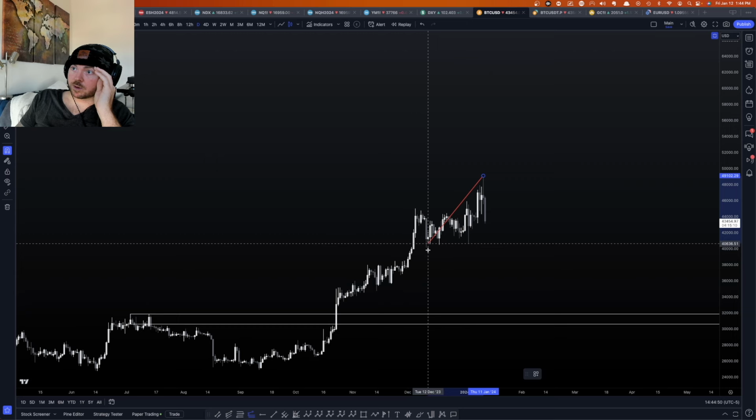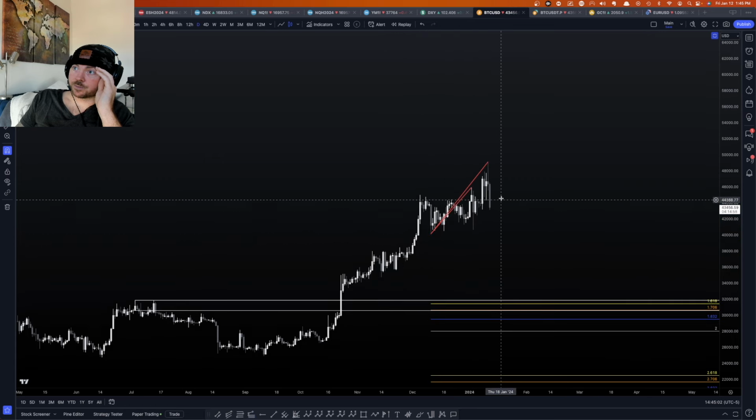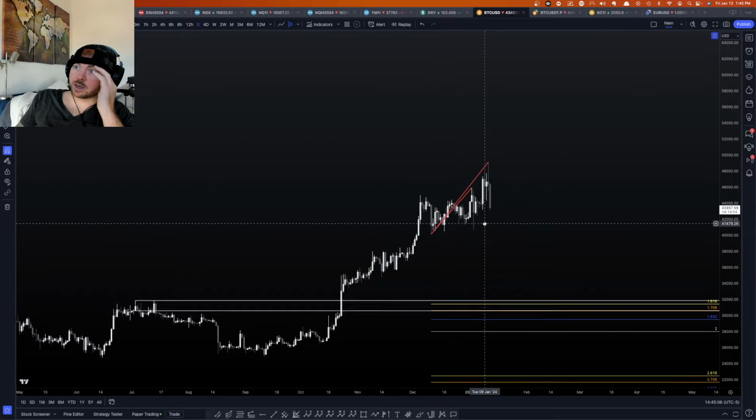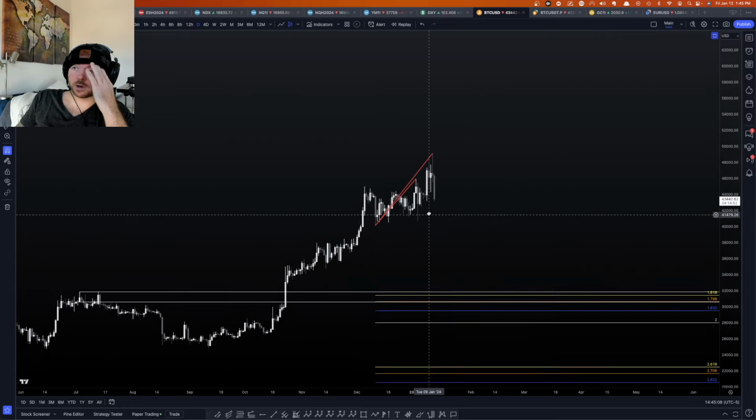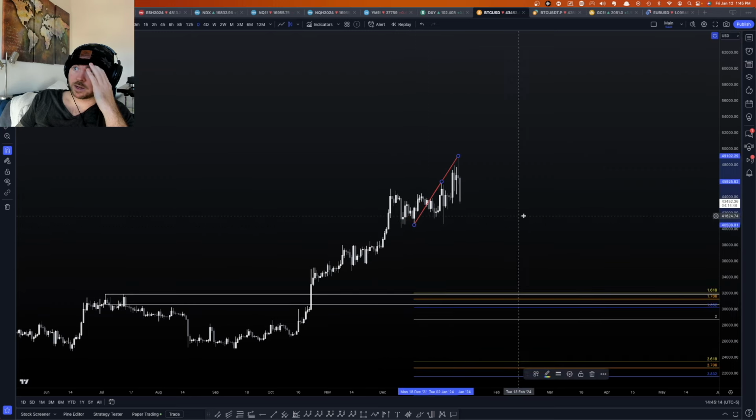I'm just trying to find maybe a pull for confluence here. I know it's wonky, I definitely know it's wonky, but if you were looking at this like an ending diag, then 1, 2, 3, 4, 5.